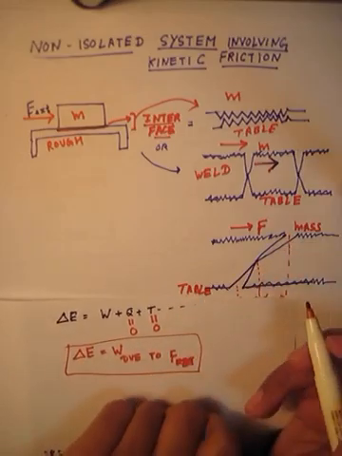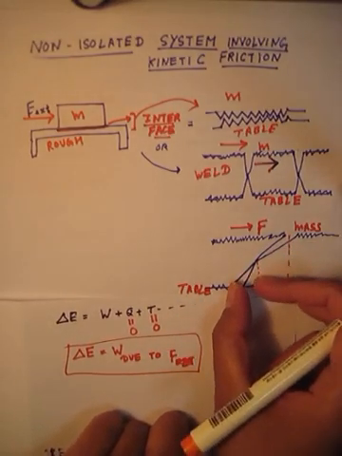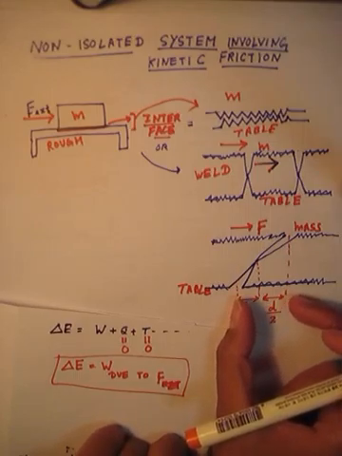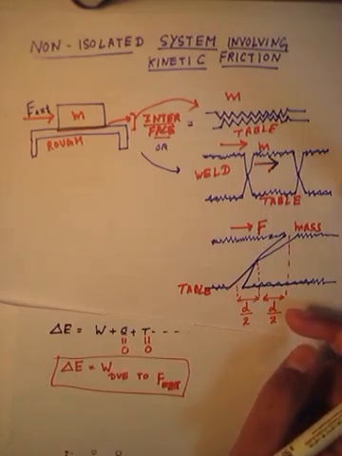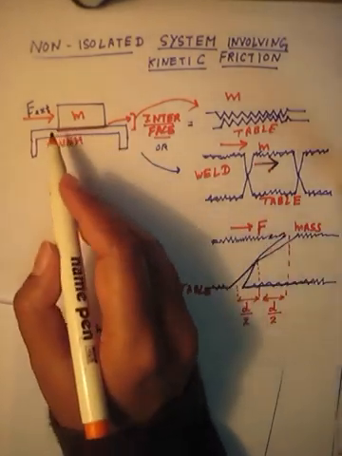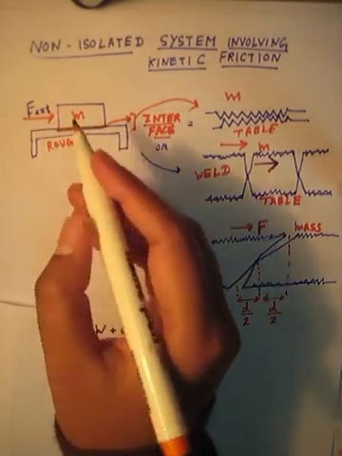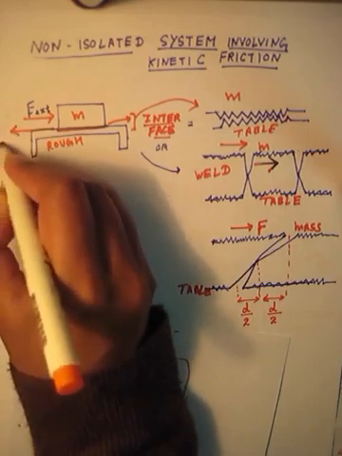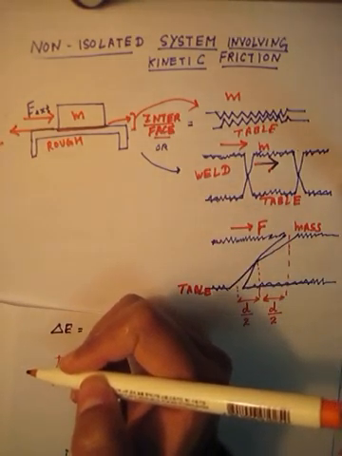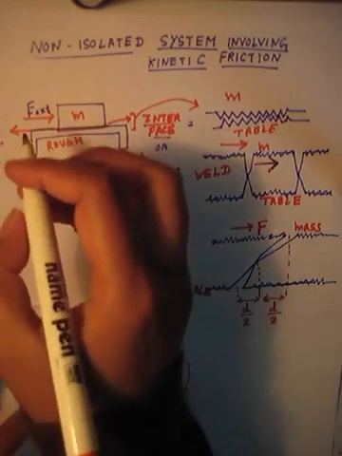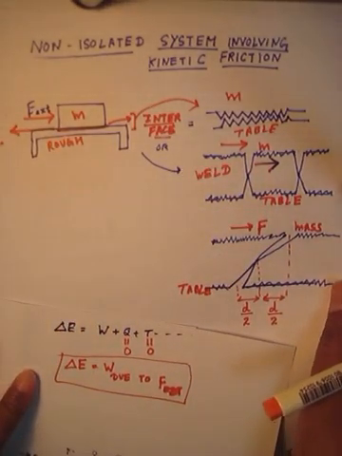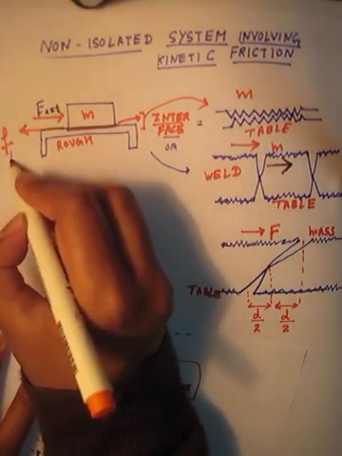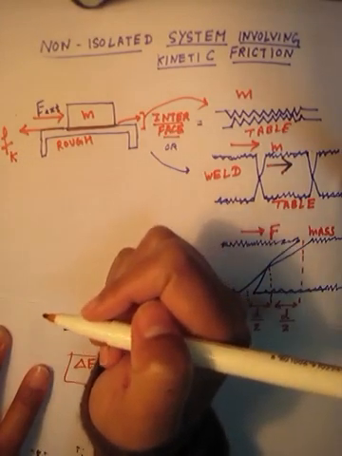This entire distance is d upon 2 and d upon 2, so the total distance, let us say, is d. Now you know that if force is acting in this direction, then the force of friction will be in the other direction, and if the object is moving, then the force of friction will be kinetic friction.